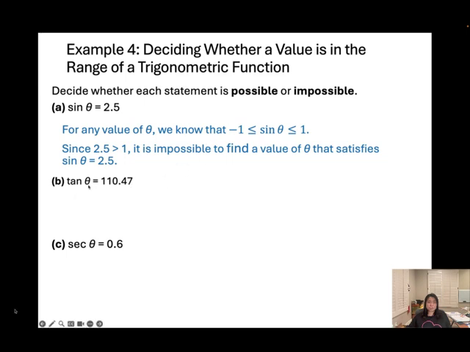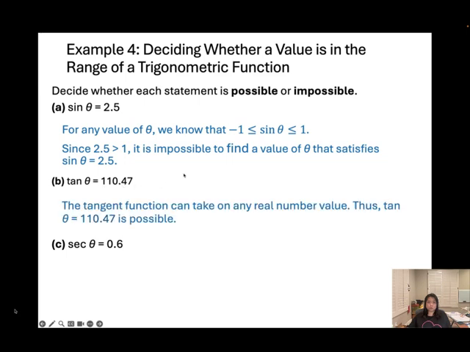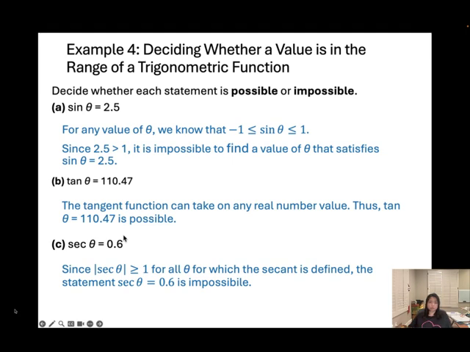The range for tangent theta is all real numbers, so this is good. It's possible. Secant is from -infinity to -1 and from 1 to +infinity, so 0.6 here is going to be impossible.